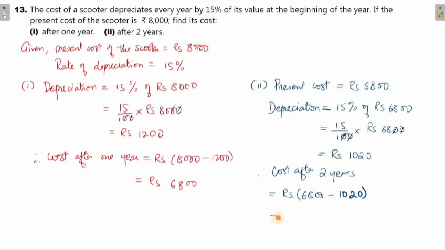So let's subtract. 0 minus 0 is 0. 10 minus 2 is 8. So we have got 7. 7 minus 0 is 7. 6 minus 1 is 5. So this becomes the cost of the scooter after 2 years, and this will be the cost after 1 year. So you may pause the video and note down your solution.